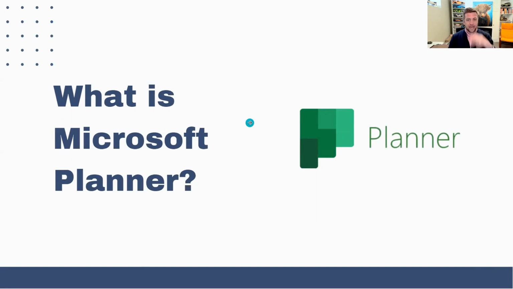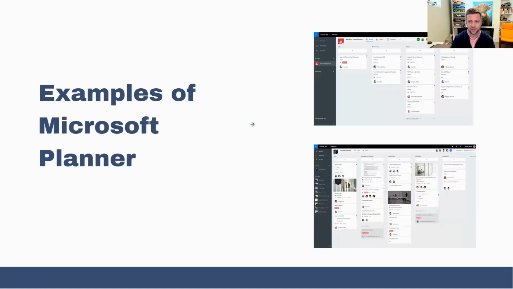So Microsoft Planner is a really handy tool to help organize, collaborate, and visualize the tasks that you're working on as a team. Now, we use Planner quite extensively, and you'll see it basically allows you to create these different tiles, and it'll make a lot more sense when we get into it. But you can create these things that they call buckets.